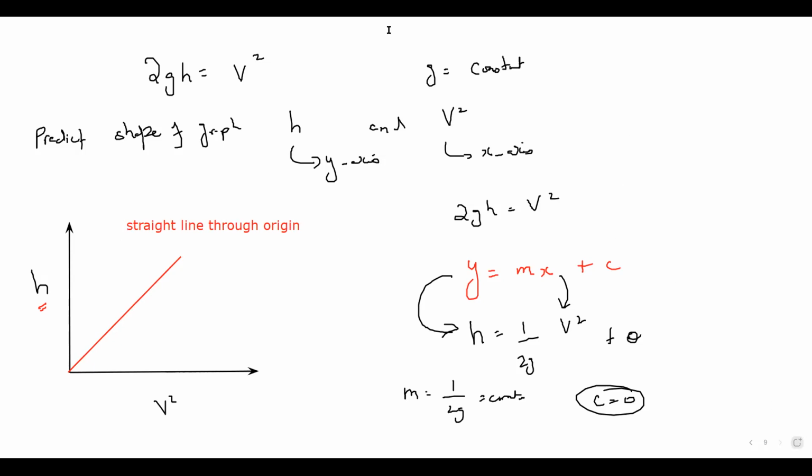Same way, sometimes the equation is not as it is. There are different parameters when you are plotting a graph. For example, t equals 2 pi under root L divided by g, where g is gravity, which is constant, and L is a length.